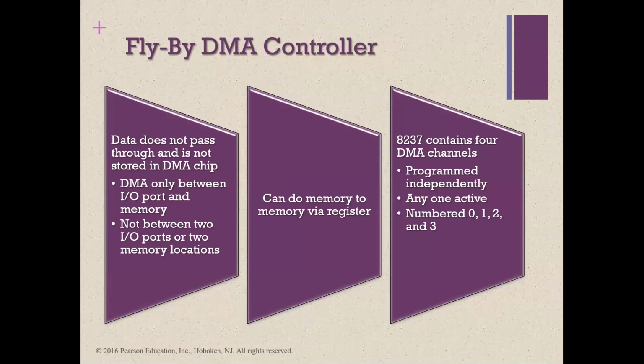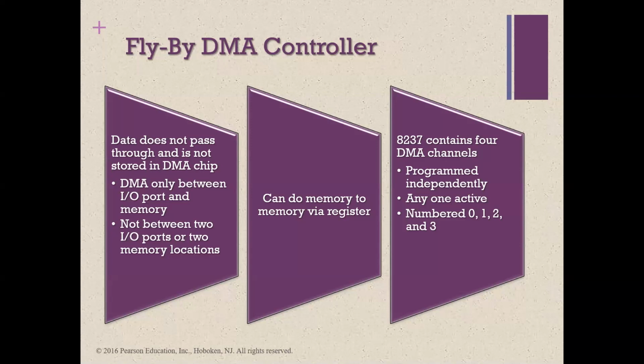So this DMA controller uses the buses to transfer data, in which case the processor is idle. In a similar way, when the processor is using the bus, the DMA is idle. Now this 8237 DMA is known as a flyby DMA controller.